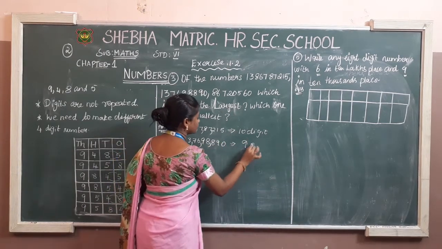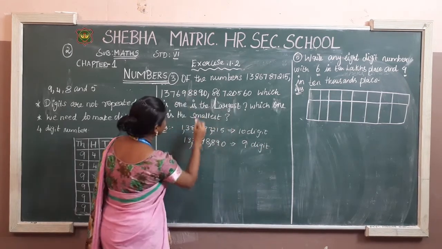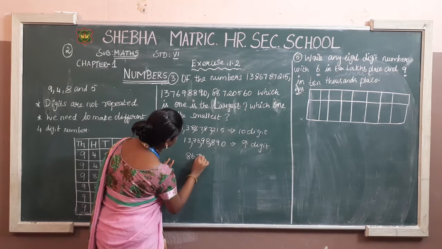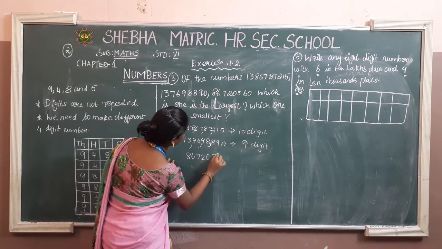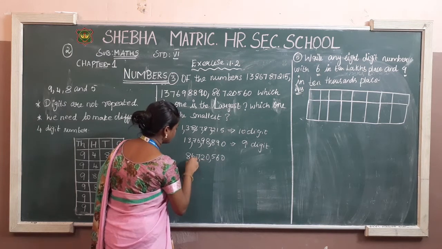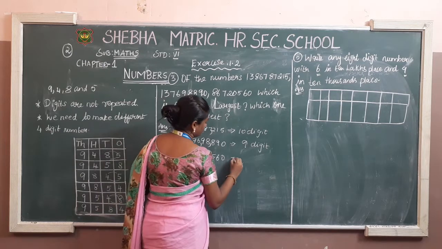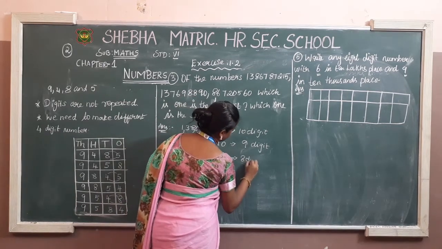So 9 digits. Next number: 8 6 7 2 0 5 6 0. Arrange the commas. How many digits are there? 1 2 3 4 5 6 7 8. So 8 digits.